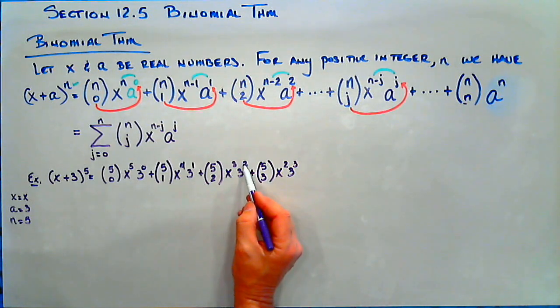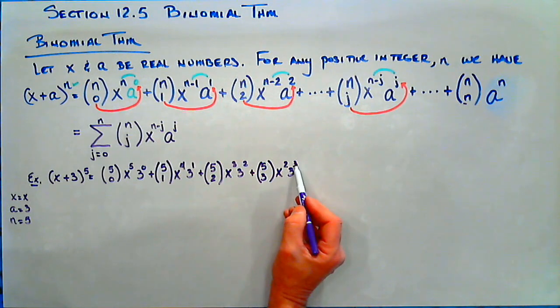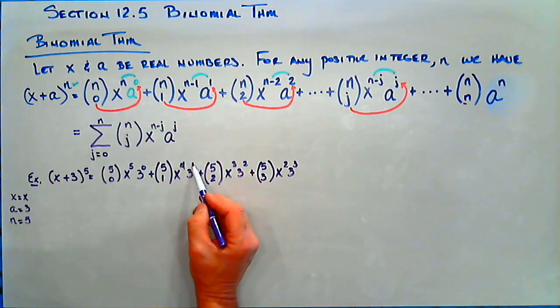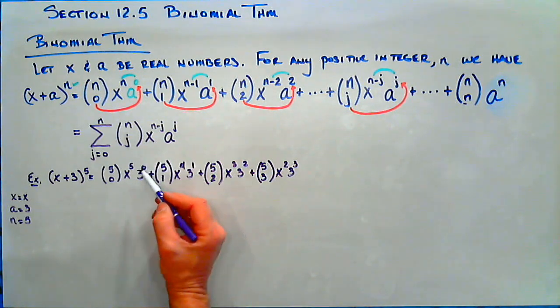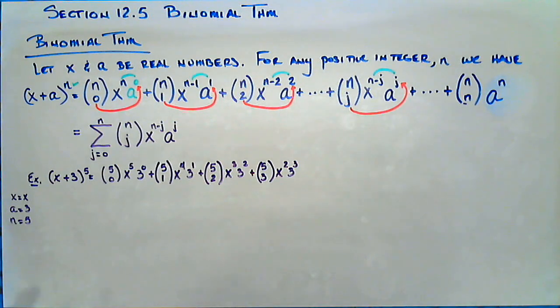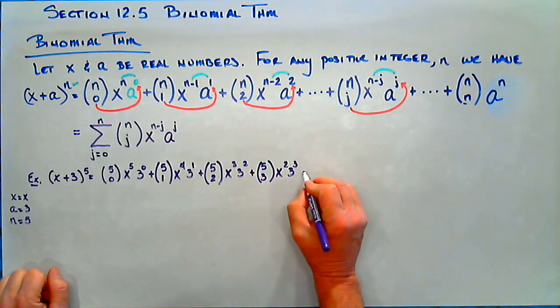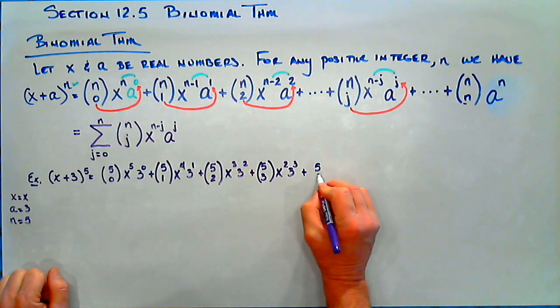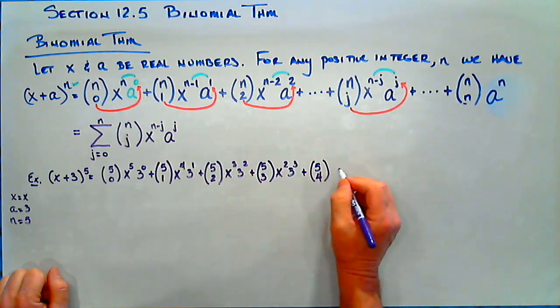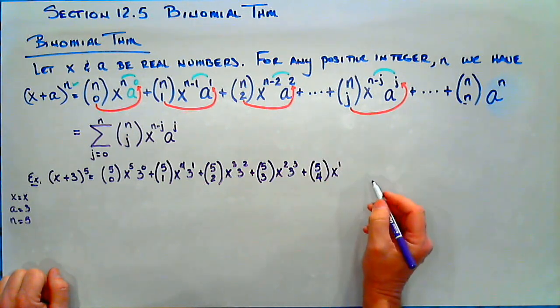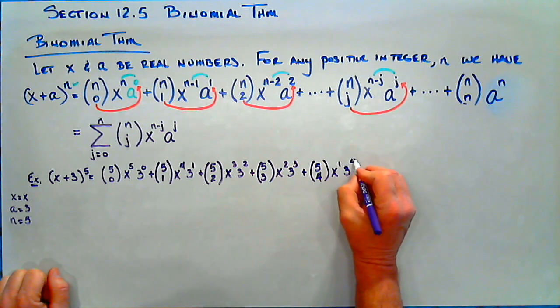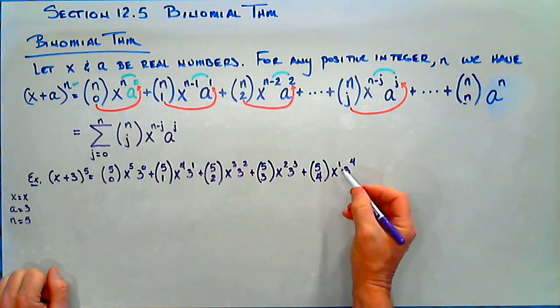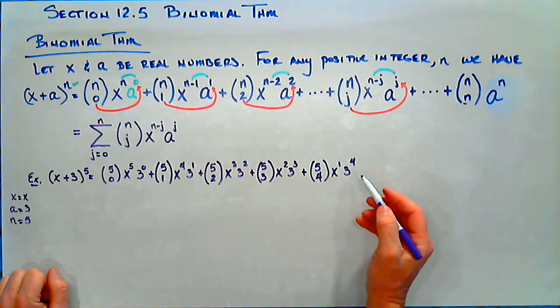Do these add to 5? Yes. Do these add to 5? Yes. Do these add to 5? Yes. Do these add to 5? Yes. Okay, then we're doing things correctly. 5 choose 4. x goes down, 3 goes up. Still adds to 5. The exponents add to 5.